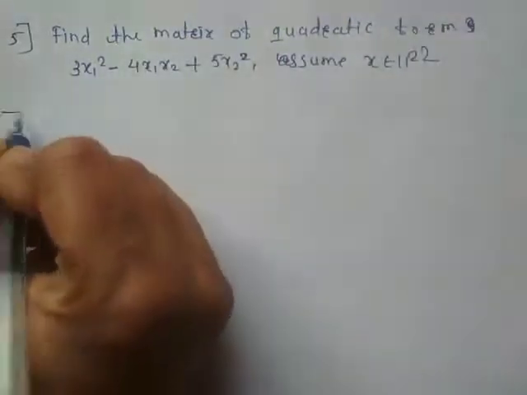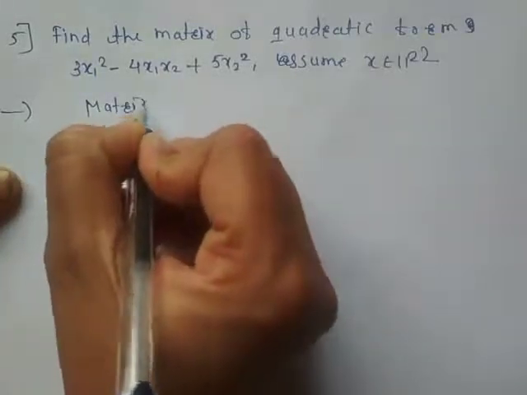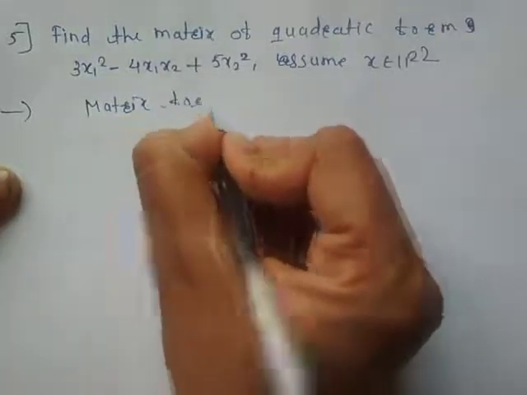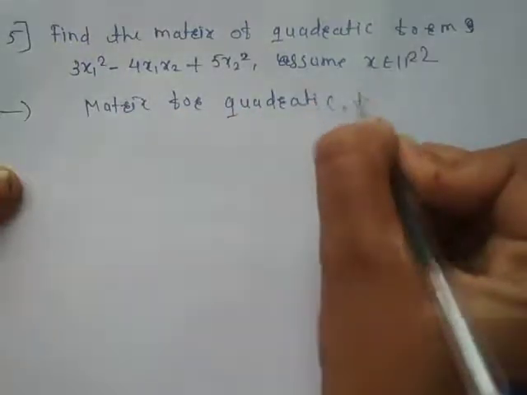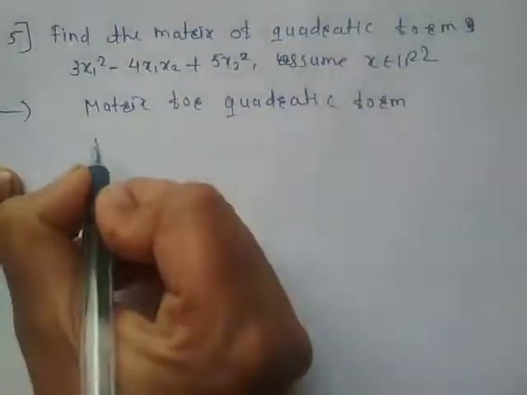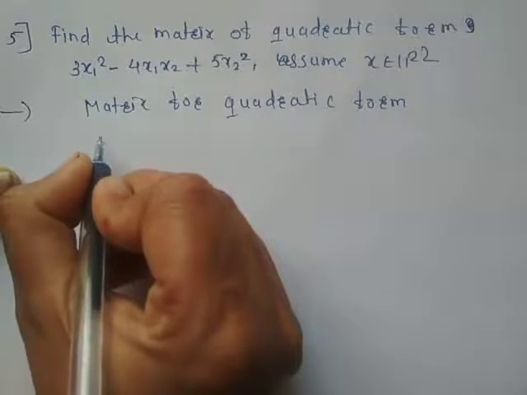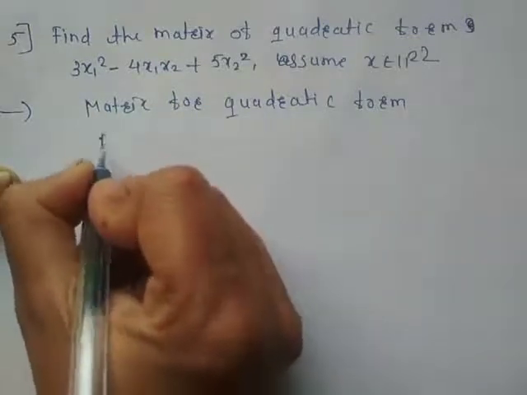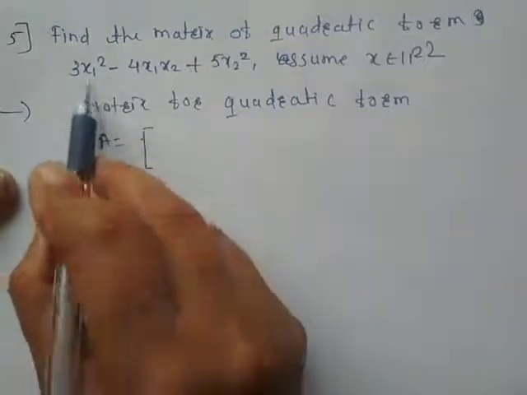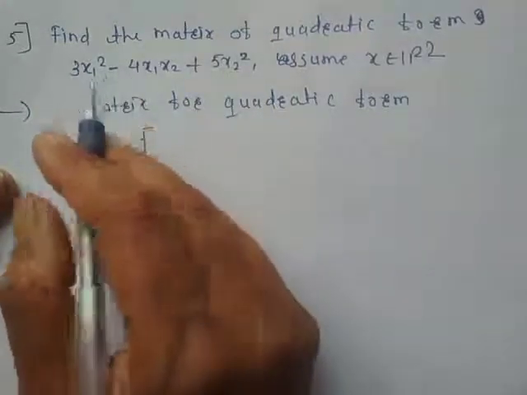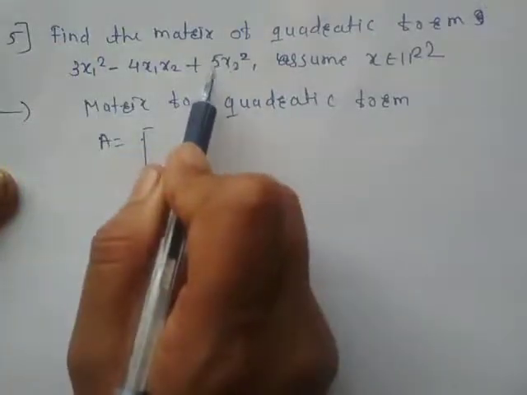Okay, so solution: the matrix for the quadratic form. Let us give it the name matrix A. The coefficients of the square terms are on the main diagonal of a matrix.